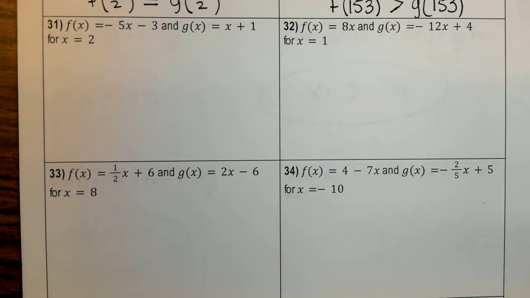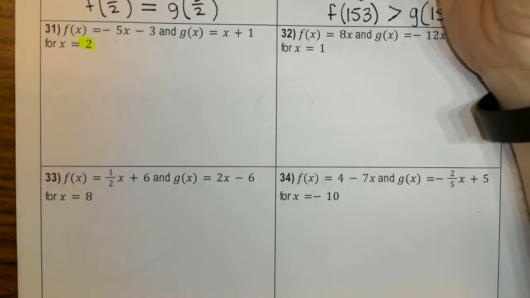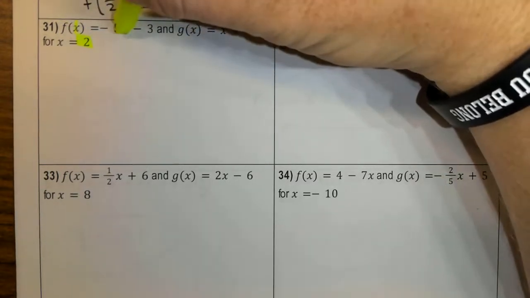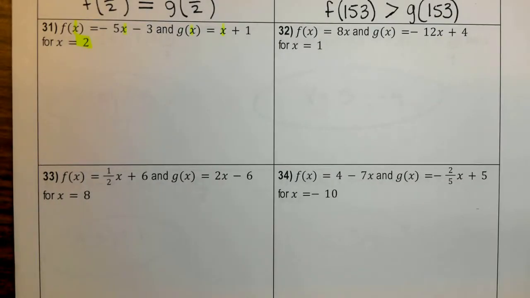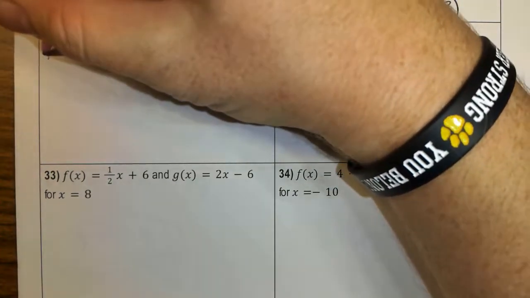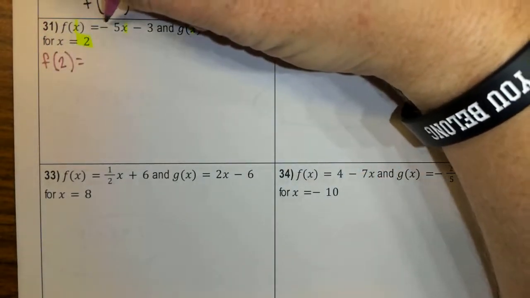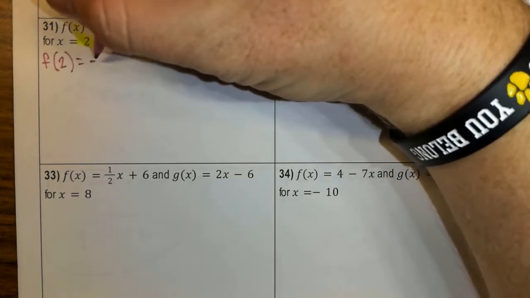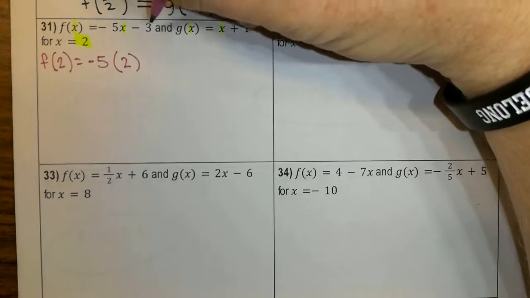So 31. Okay, I'm going to highlight. I'm just going to keep highlighting. Okay, so I have x equals 2, and I'm going to replace every x that I have with 2. Okay, so my first one is f. So I do f of 2 equals negative 5x, so negative 5 parentheses 2, and then minus 3.